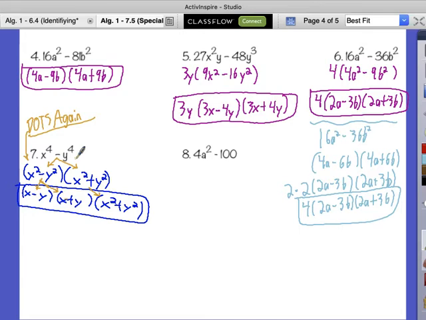If you're having trouble, back up and start again. And you can do more. Otherwise, maybe look at what I did on number 6 in the light blue.